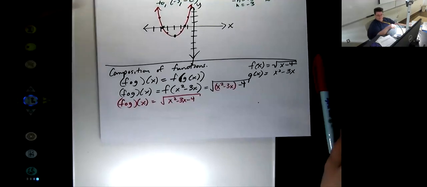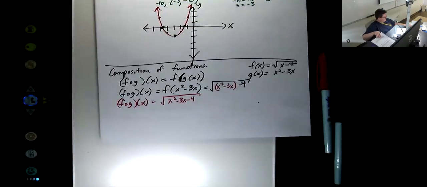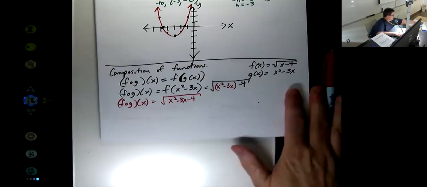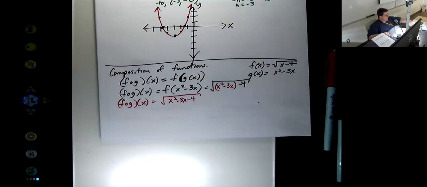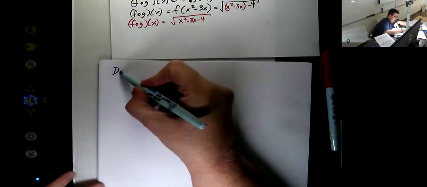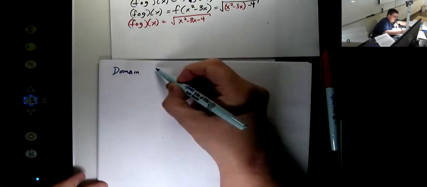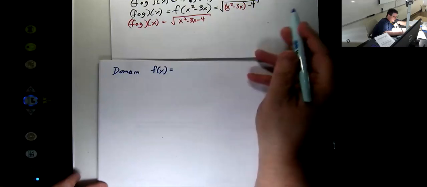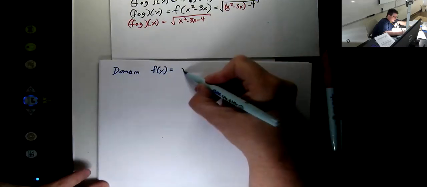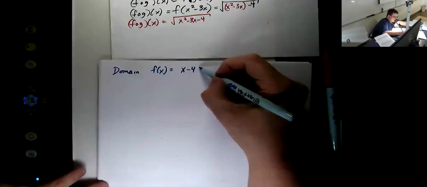Now, what is the domain? Look at the domain of this real quick. So the domain of f of x is, we have x minus 4, we want x minus 4 to be non-negative.